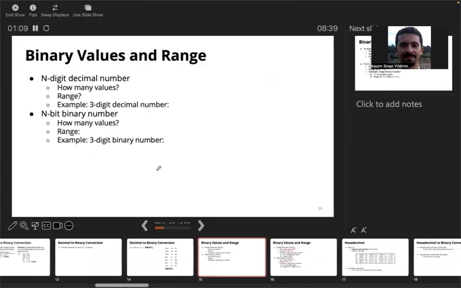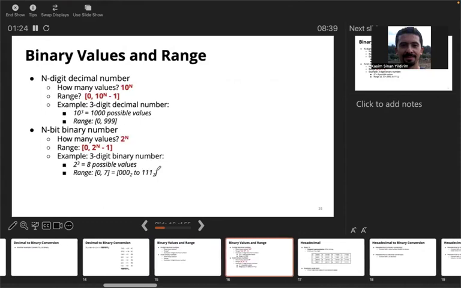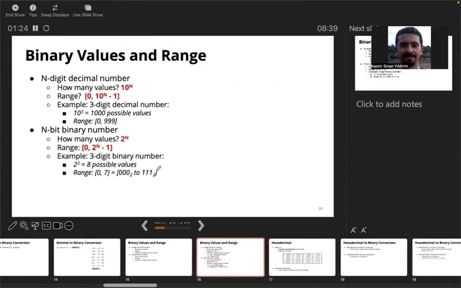I highlighted, for example, if we have n-digit decimal numbers, how many numbers can we represent, and what is the range of numbers? For an n-digit decimal number, we can represent 10 to the power of n different values.